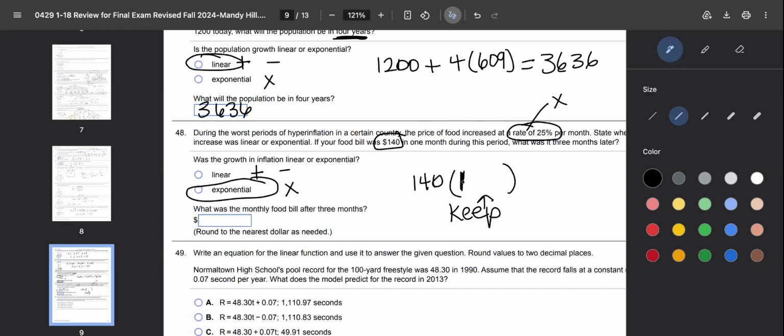So I'm keeping 1 to represent the whole $140 back. And then I'm also keeping an extra 25%, which is the 0.25. And I'm going to do this for 3 months. So that's going to be an exponent there. So the one got us back what we had to begin with, and the 0.25 got us the additional 25%.